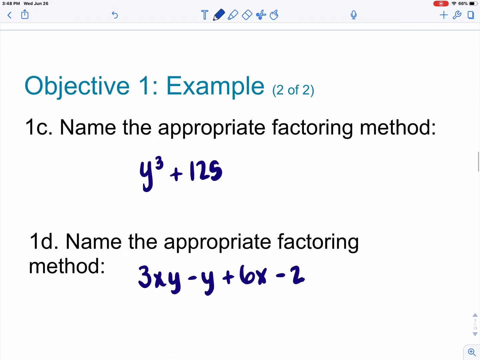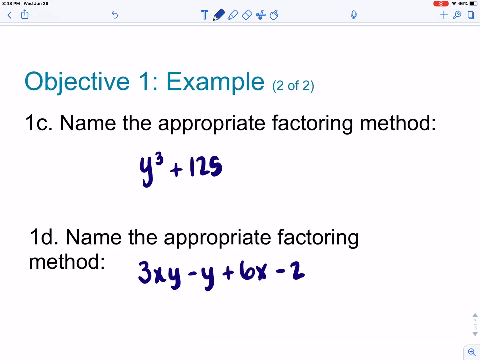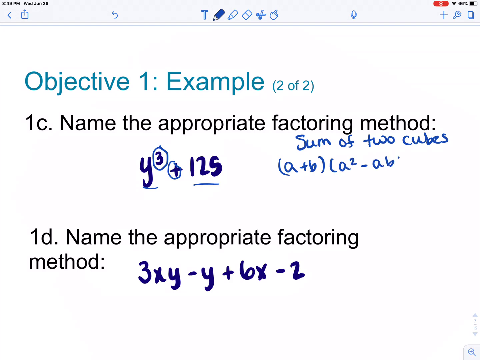Okay, so the next one, 1c, name the appropriate method. Again, I don't see a greatest common factor that I can divide out of it. And then the next thing I notice is it is a binomial, 2 terms. I notice a cube, and then I notice a plus sign. So this to me would be the sum of 2 cubes, which is a plus b, and then a squared minus ab plus b squared.